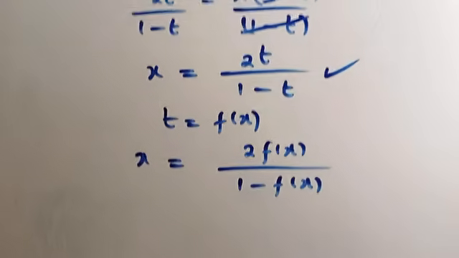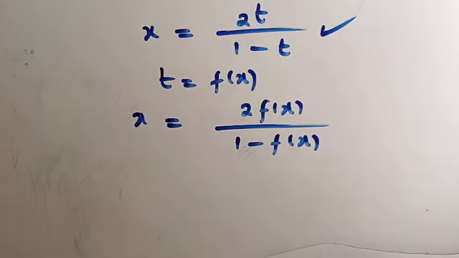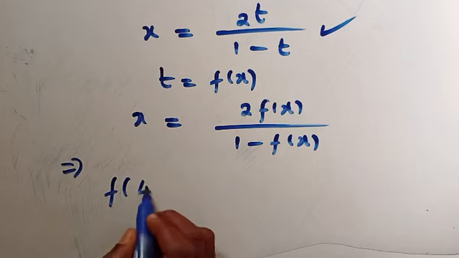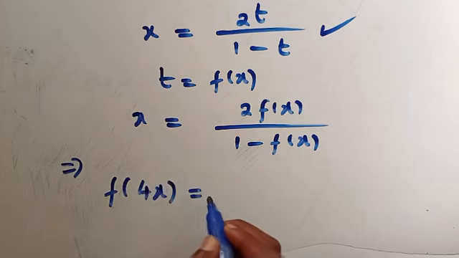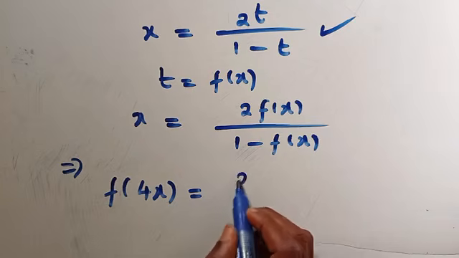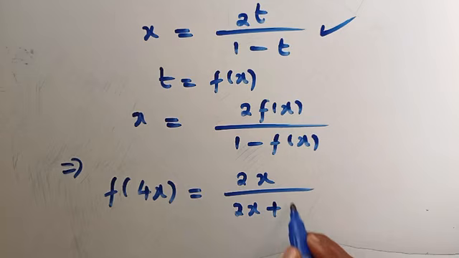Then if you come back to where we made f of 4x the subject, recalling we have f of 4x equals 2x divided by 2x plus 1.